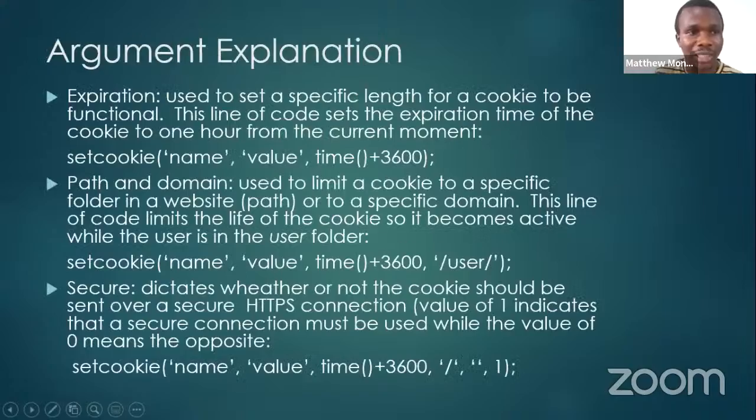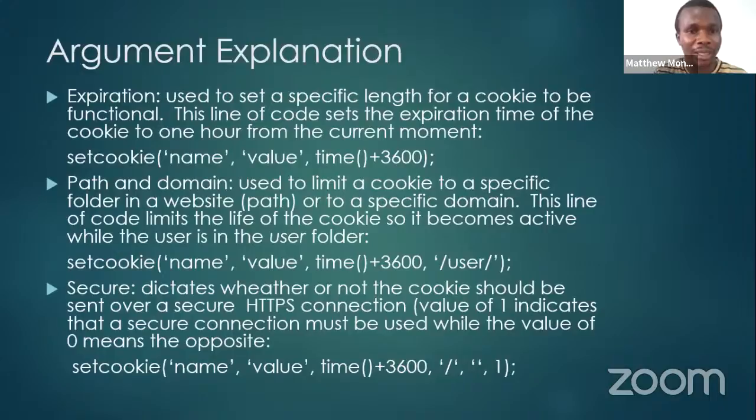Now, I told you that the array is the third argument for the setCookie function. It has some items like expiration. This determines the lifetime of the cookie, when it's going to be deleted, when the user will not have access to it any longer, when it's going to expire, so to speak.